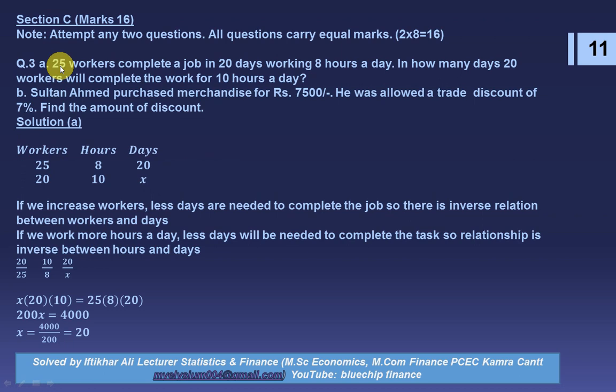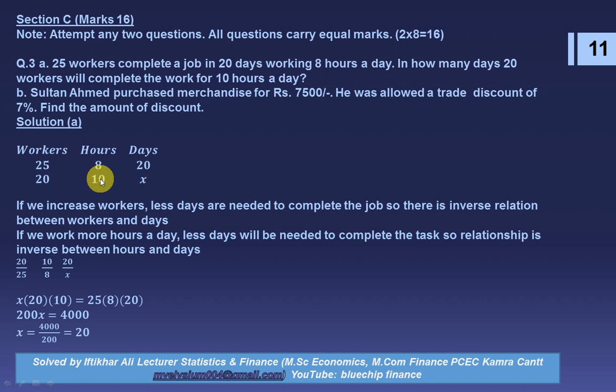First of all, put the data into this equation. 25 workers complete a job in 20 days, working 8 hours a day. In how many days? X should be missing here. 20 workers, 20 should be put here, will complete the work for 10 hours a day. So 10 will be here.